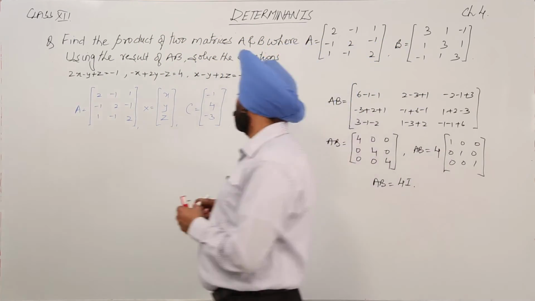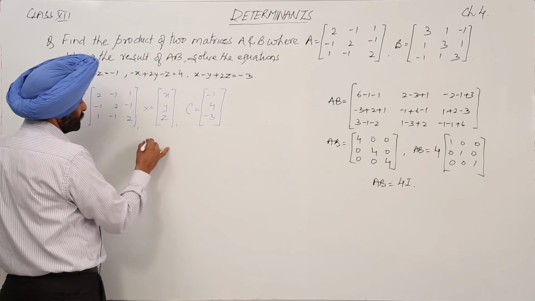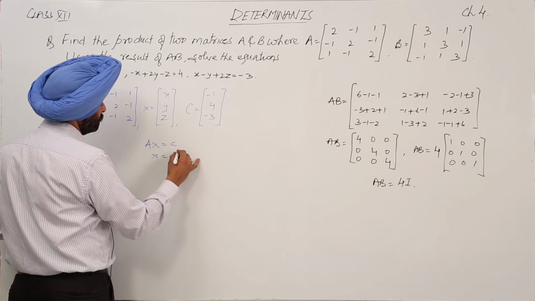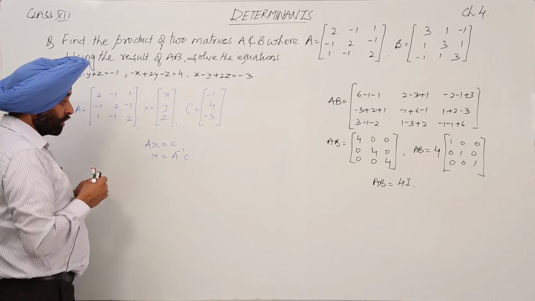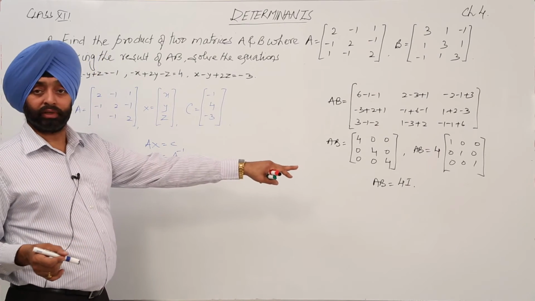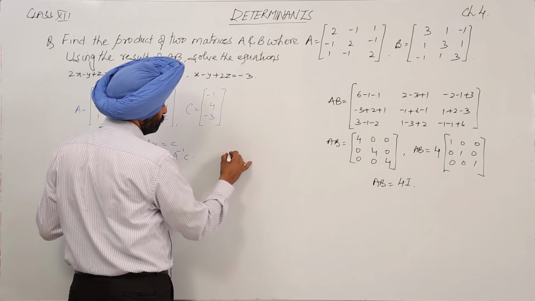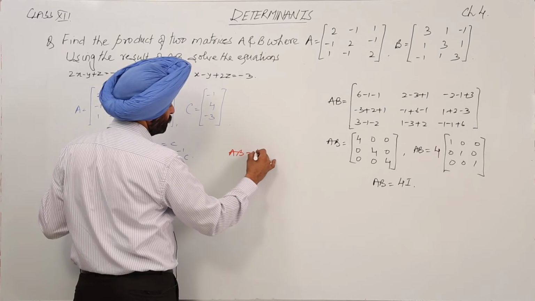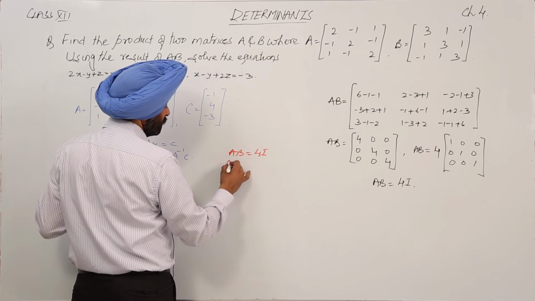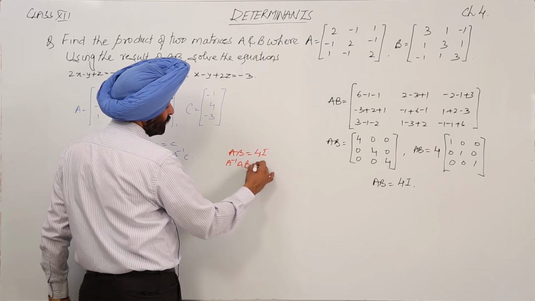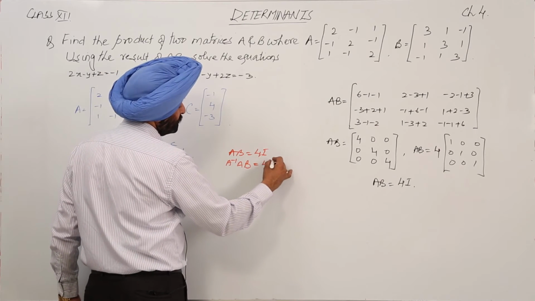Now the formula is AX is equal to C, and X is equal to A inverse C. Now we want A inverse from that side. What was that? It was AB is equal to 4I. Then, pre-multiplying by A inverse, B is equal to 4 A inverse.